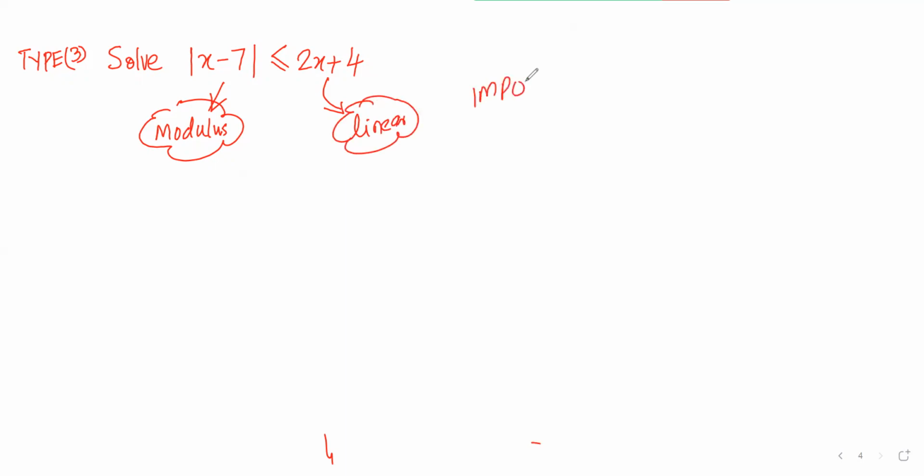Important point. Don't square. Don't use the method of squaring. Don't square both the sides.